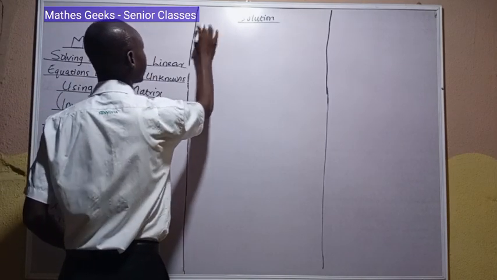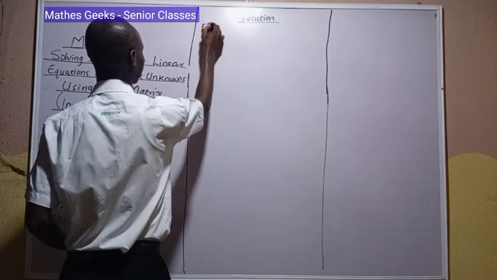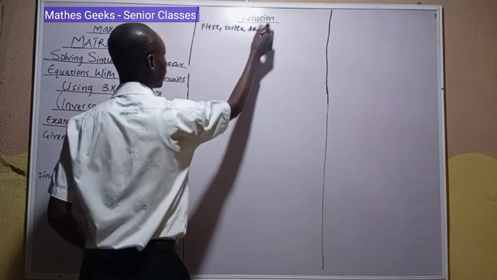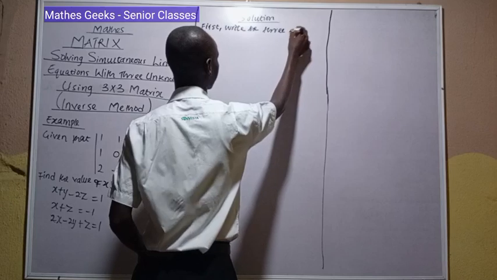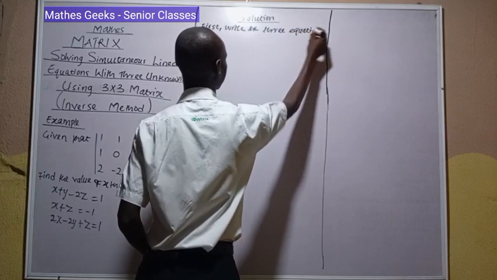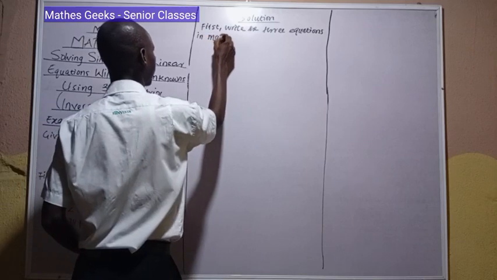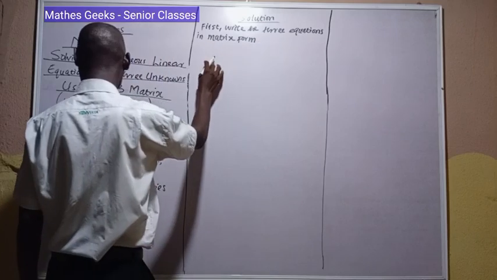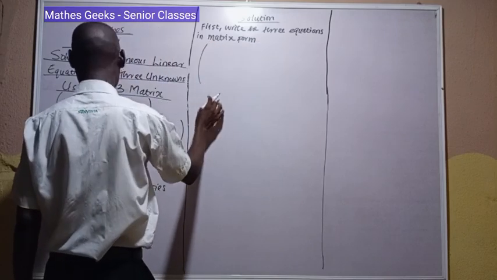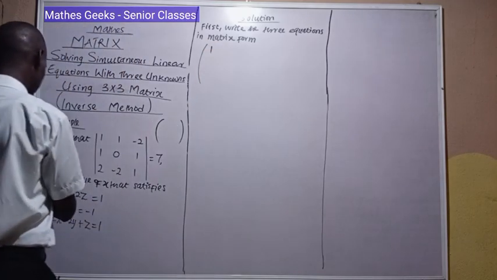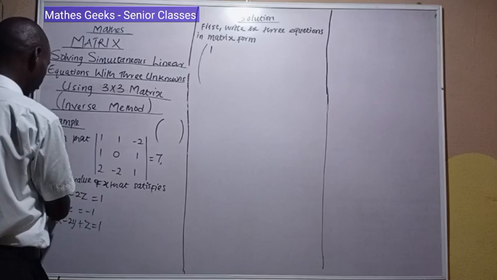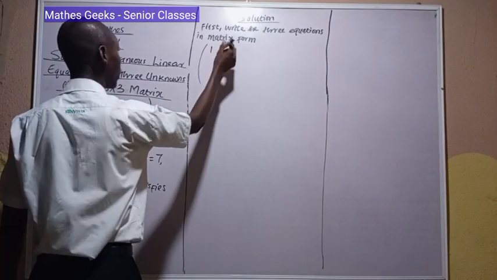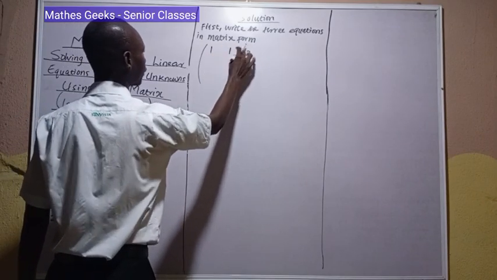Step 1: write the equations in matrix form. The coefficient of x is 1, that of y is plus 1, and that of z is minus 2. So 1, 1, minus 2.